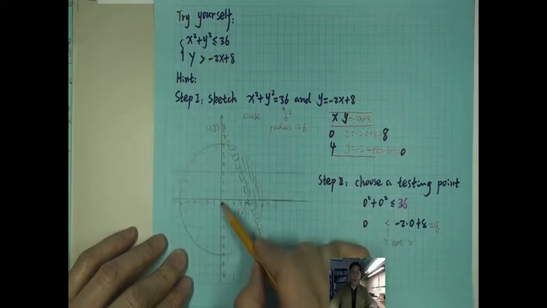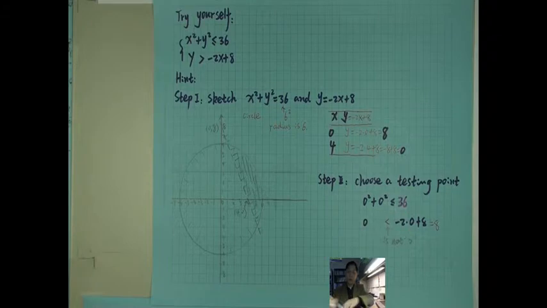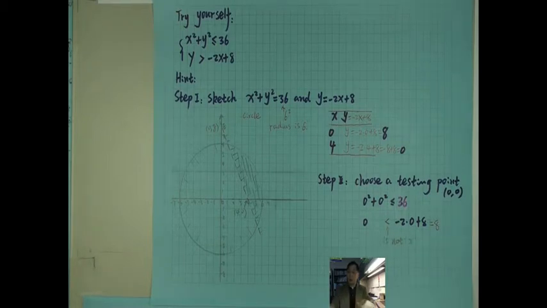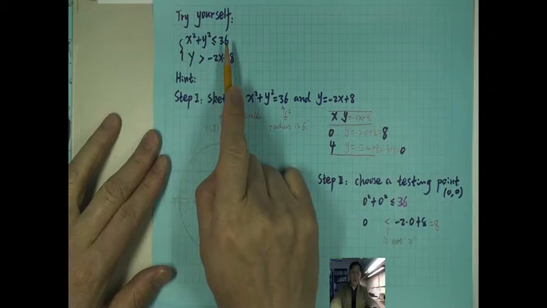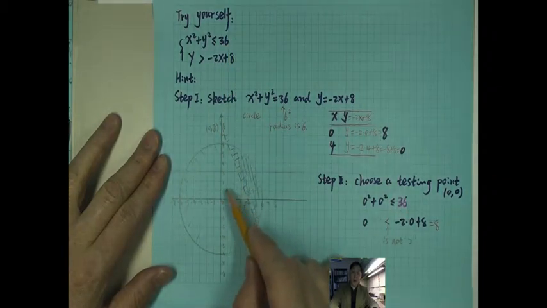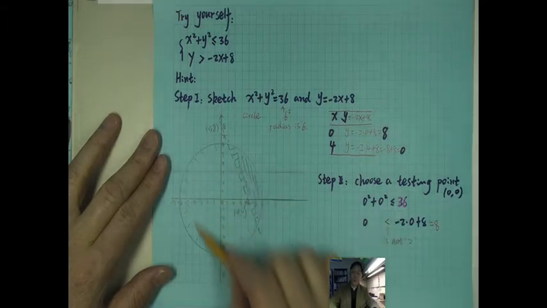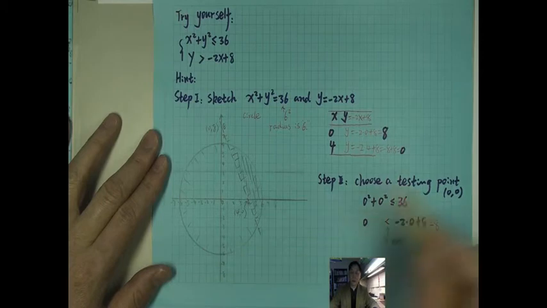If it's okay, then the region including the origin, I probably should put 0, 0 here. So if you plug in 0, 0, it meets the condition, then the region containing 0, 0 should be shaded. That's inside this circle. Okay.